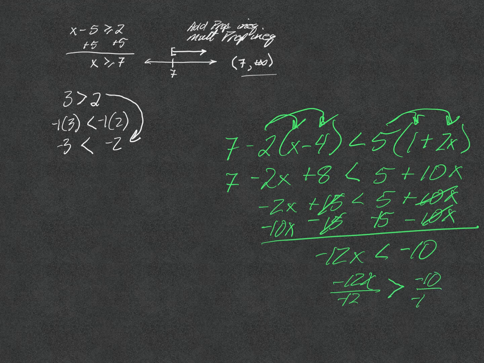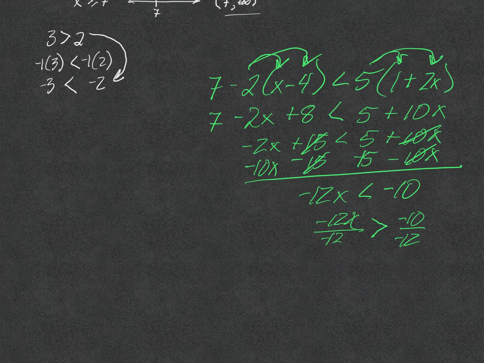I actually add a step to my inequality solving process to make sure that since I now notice I'm multiplying or dividing by a negative, I need to change the direction of the inequality. And I have now done that, and I get x is greater than 5 over 6.